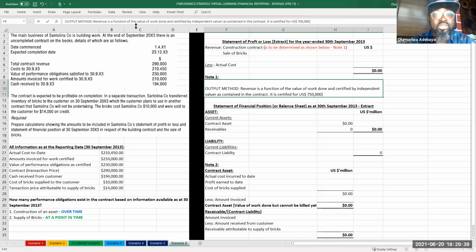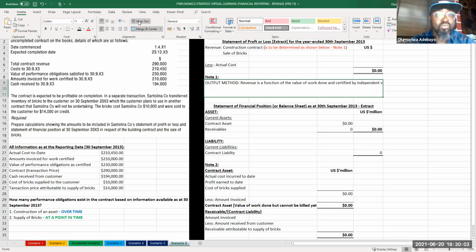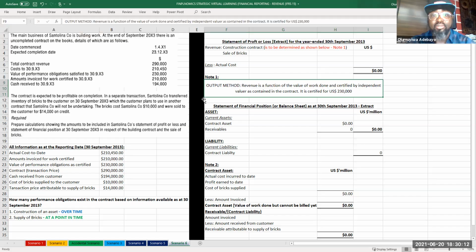Therefore, revenue is a function of the value of work done and certified by independent valuer as contained in the contract. It is satisfied for how much? 230 thousand. Do we all agree? Okay.